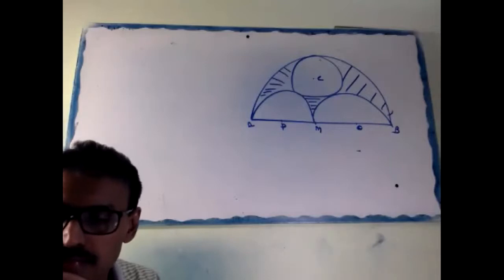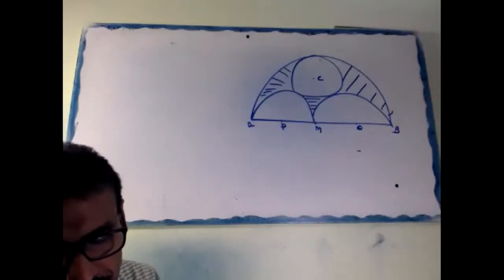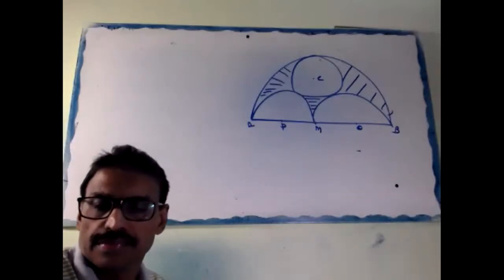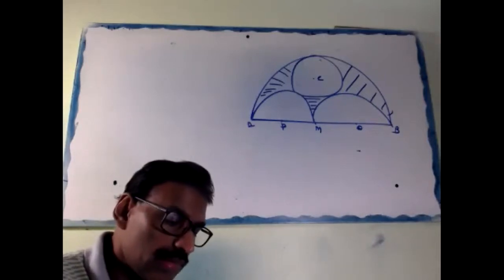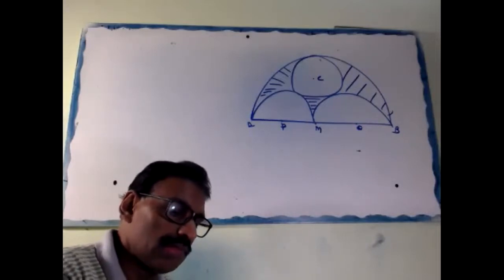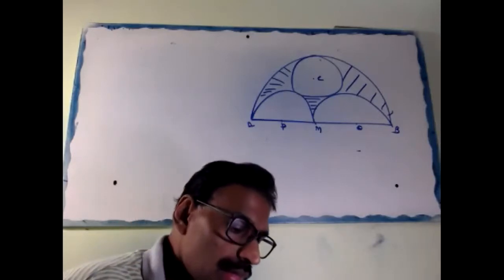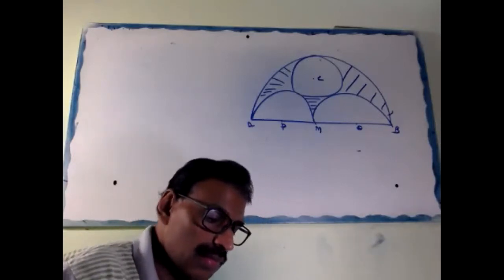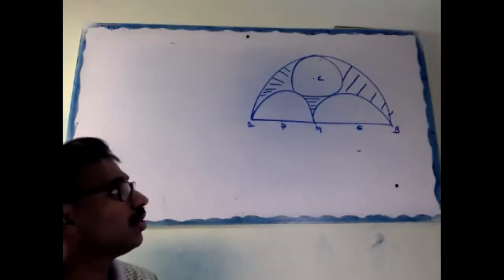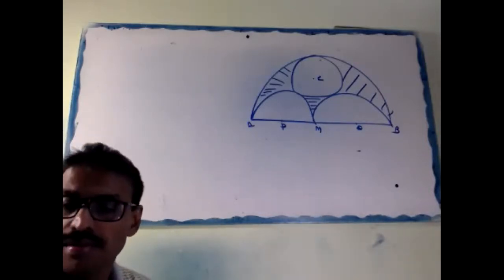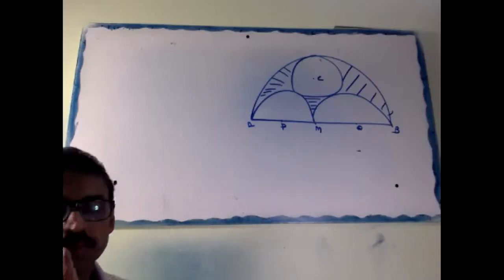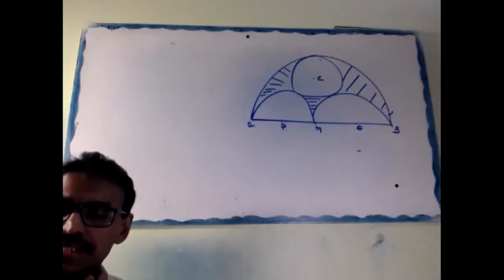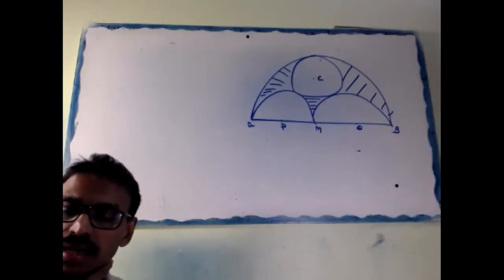That's the important part here; the rest anybody can do. Join ABC, then what? We need the radius. Any other suggestions?